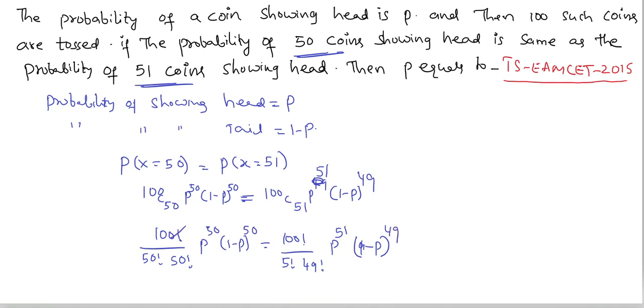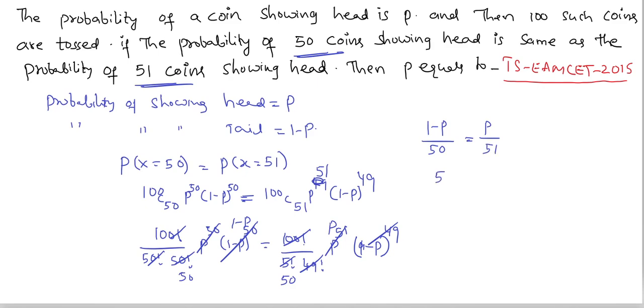Here 100 factorial cancels, 50 factorial and 51 factorial cancel leaving 51, and 49 factorial and 50 factorial cancel leaving 50. So P to the power of 50 and P to the power of 51 cancel leaving P, and 1 minus P to the power of 49 and 1 minus P to the power of 50 leaves 1 minus P. So 1 minus P by 50 is equal to P by 51.